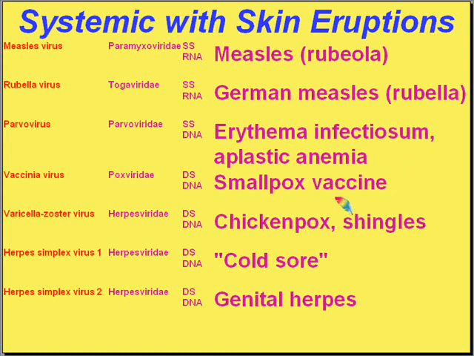And then we have our smallpox virus caused by the vaccinia virus, part of the official Poxviridae family. And then we have what we call the VZ virus, because it causes both varicella, which is the common chickenpox, usually in children, as well as herpes zoster or shingles in adults, generally following a dermatome distribution.